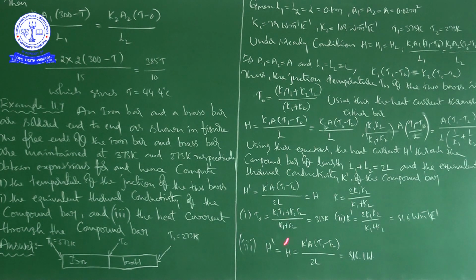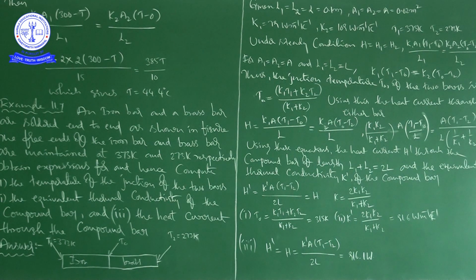I didn't substitute in the first one, but you can: 79 into 373 plus 109 into 273 divided by 79 plus 109 gives 315 Kelvin. And K dash becomes 91.6 watt per meter per Kelvin.